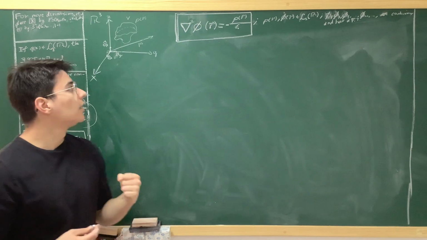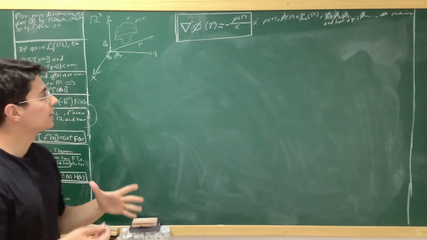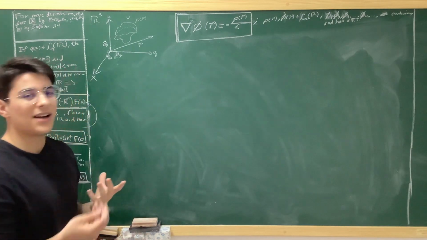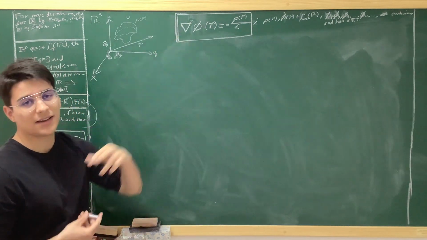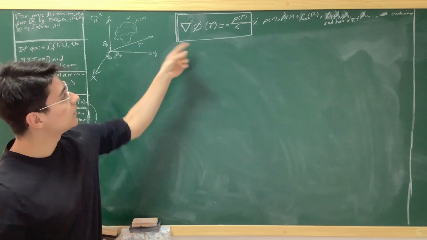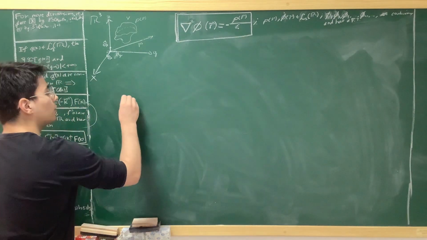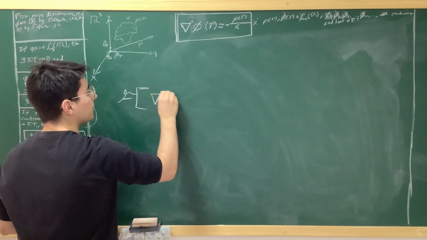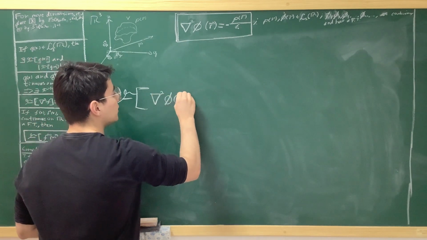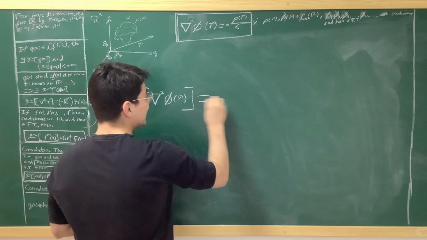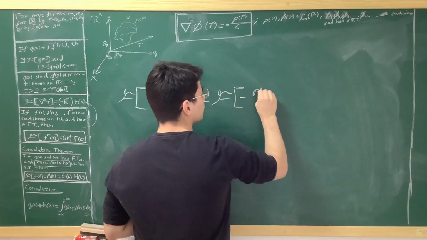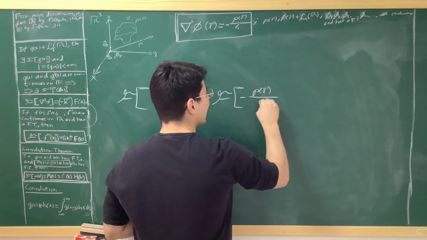Now, how are we going to do it? This equation doesn't let us find phi easily. How do we isolate phi? To do it, we're going to take the Fourier transform on both members. Taking the Fourier transform of the Laplacian of phi is equal to the Fourier transform of minus rho over epsilon naught.